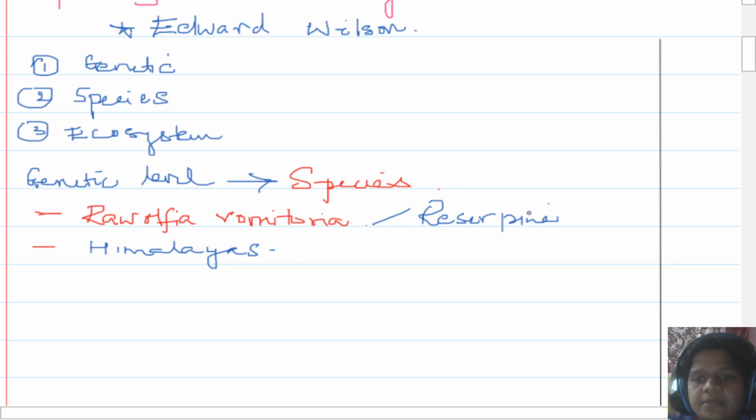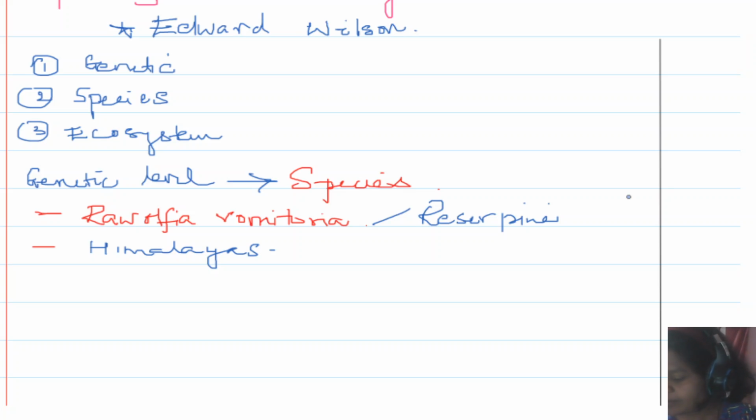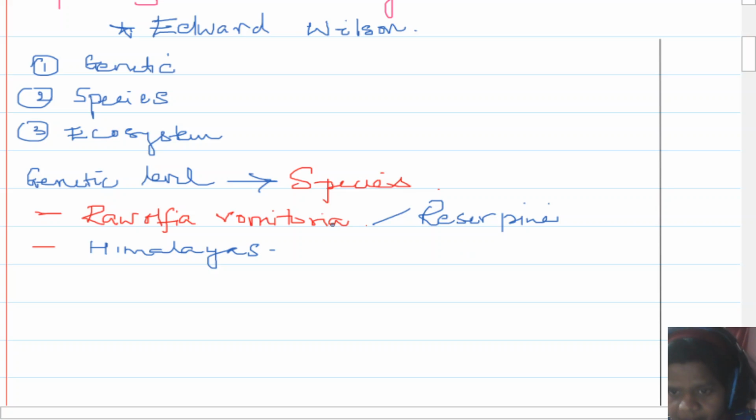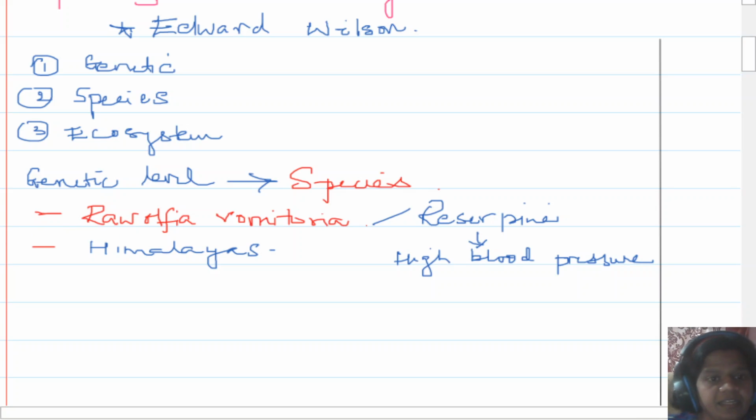This is used in treating high blood pressure. Okay. So we are looking at diversity, biodiversity at the genetic level.